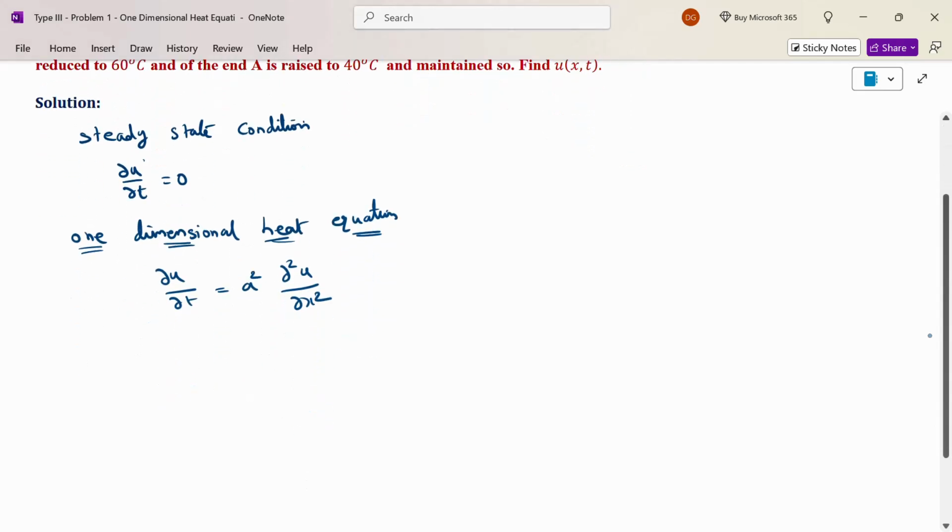In steady state condition, dou u by dou t is 0. So substitute: 0 equal to a square dou square u by dou x square. From this, dou square u by dou x square equal to 0.